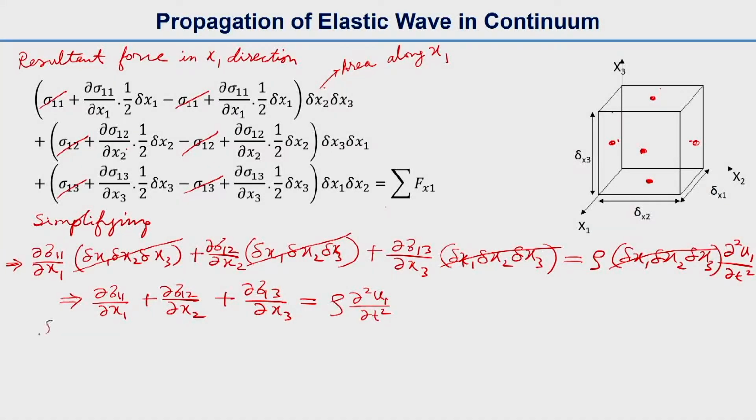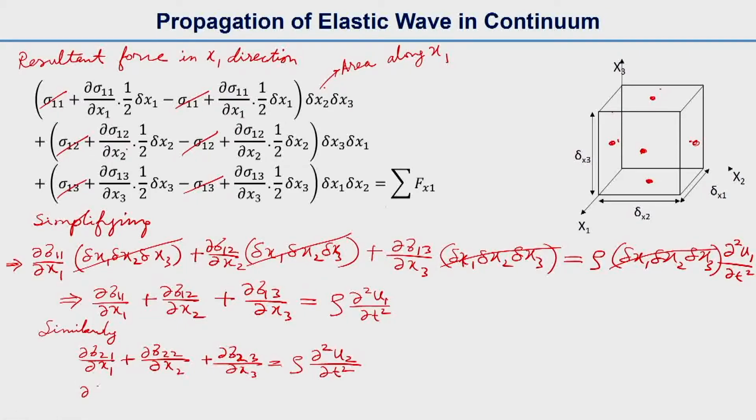and similarly for the other two directions: partial of sigma 21 with respect to x1, plus partial of sigma 22 with respect to x2, plus partial of sigma 23 with respect to x3, is equal to rho times the second partial of u2 with respect to t.